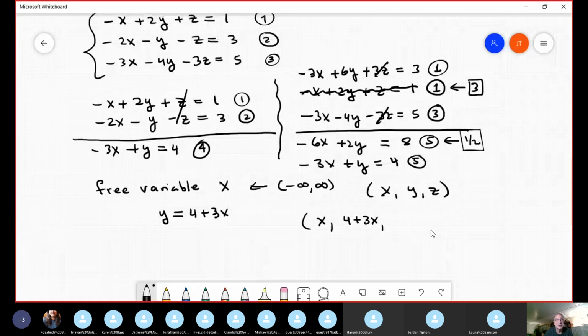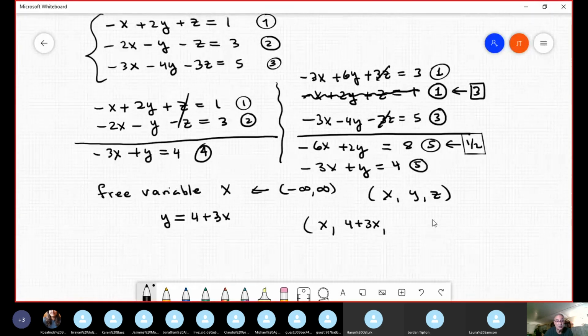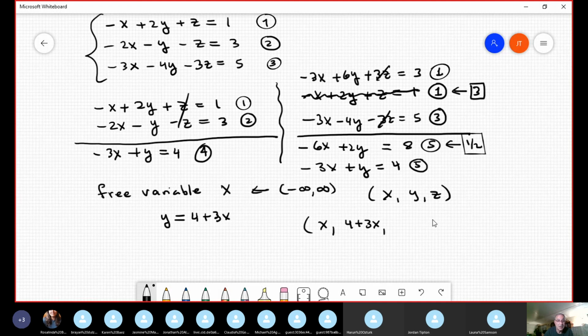I select the first, which I consider easy. You copy the first equation, minus x plus 2 times y, but I know that y is 4 plus 3x, plus z equal 1.